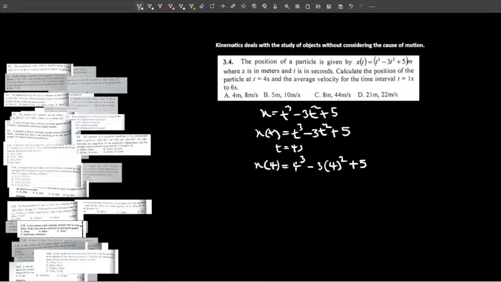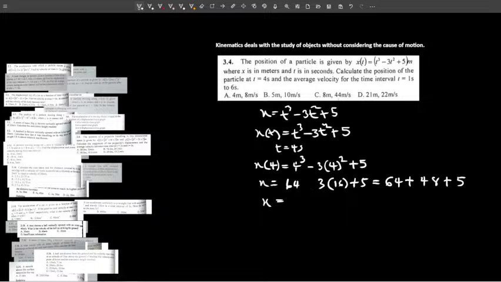Alright, so x will be equal to 4 raised power 3, which gives us 64, minus 3 times 16, plus 5. 3 times 16 is 48.